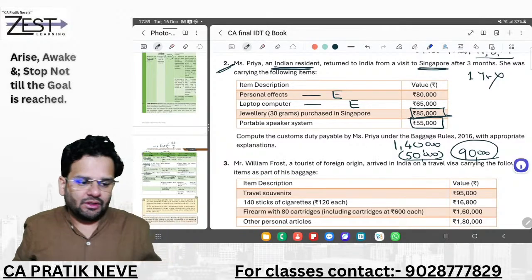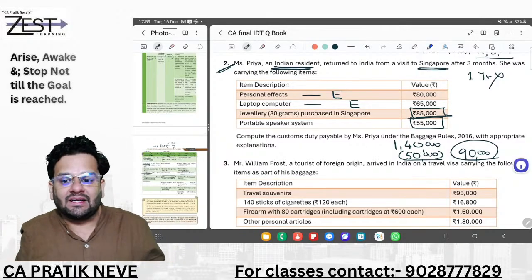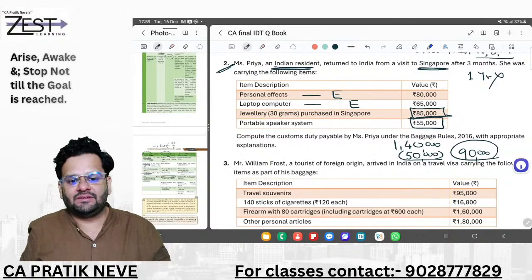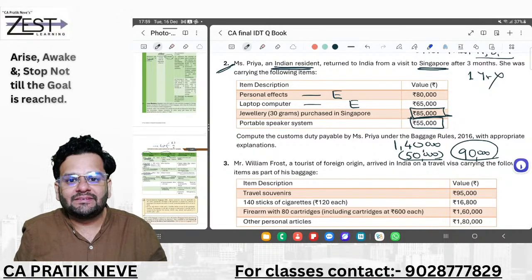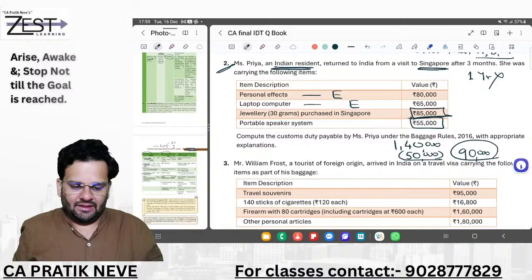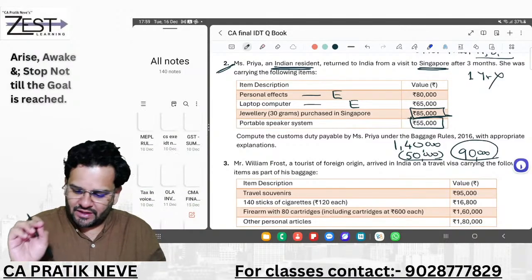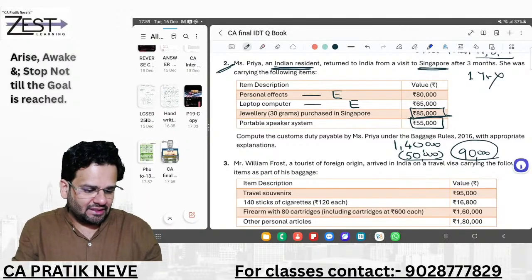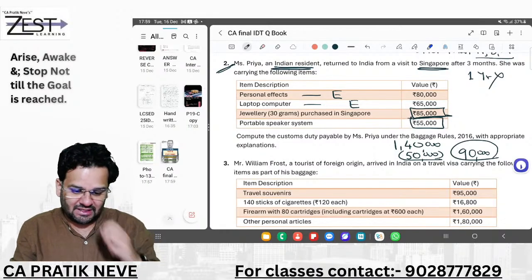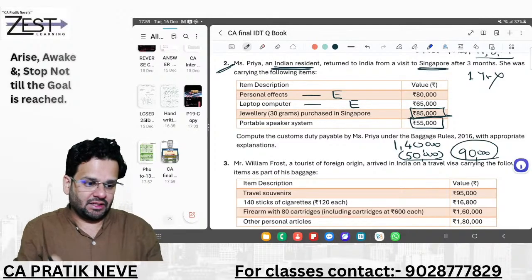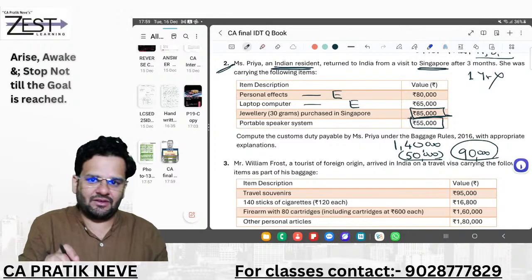And do you know, duty in this case is 38.5%, yes friends, including social welfare surcharge. So on 90,000, all of you calculate at 38.5%, you will be getting 34,650.